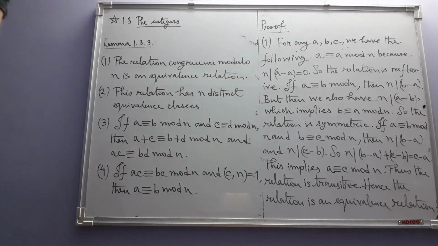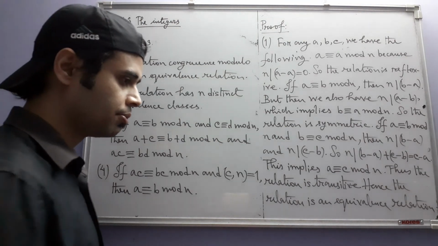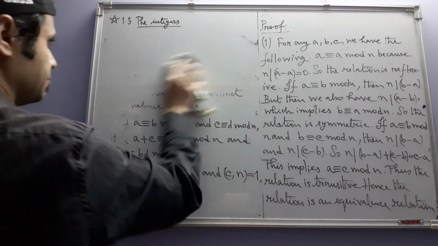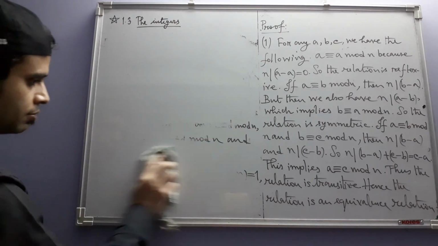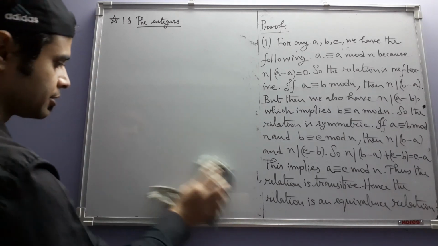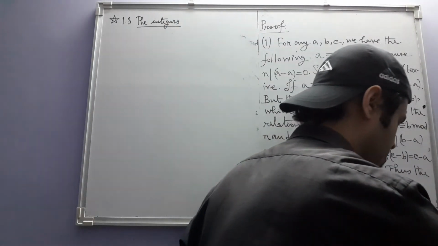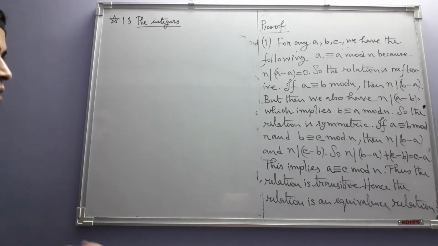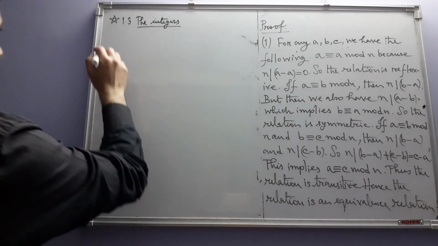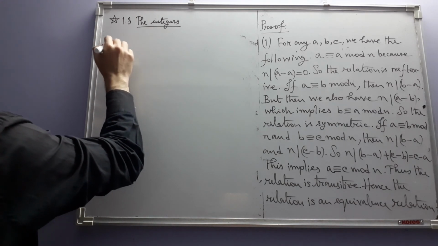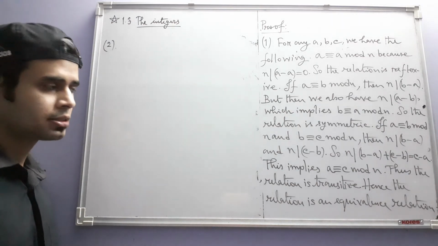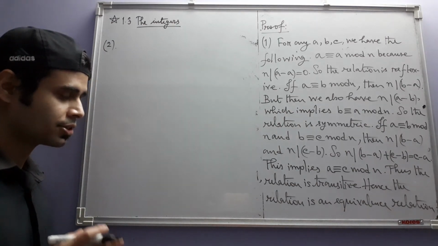For now I just assume that you know these things, and I move on without explaining them further, because if I stop every now and then to explain everything from scratch, we will not make any progress. So this is over. Now we come to part 2.